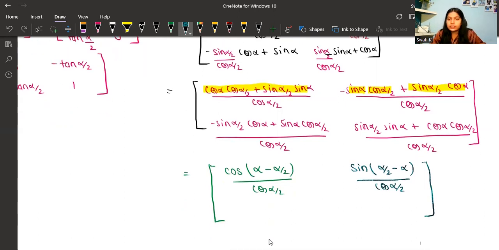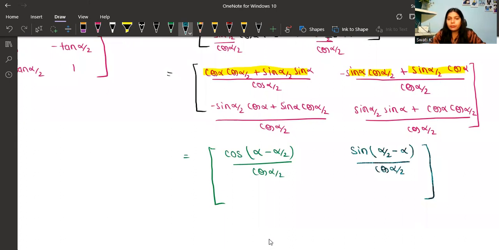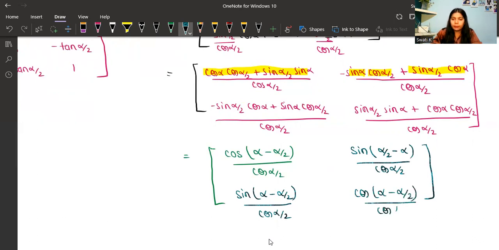Here again this is sin A cos B minus cos A sin B, so it is going to be sin of alpha minus alpha by 2 upon cos alpha by 2. And this is cos A cos B plus sin A sin B, so it is simply going to be cos of A minus B, that means cos of alpha minus alpha by 2 upon cos alpha by 2.